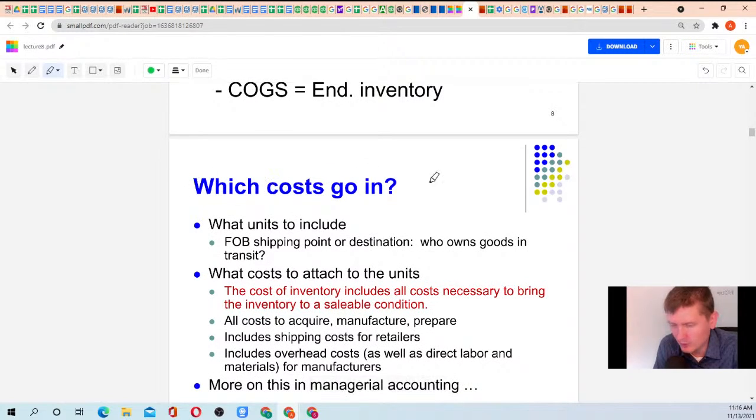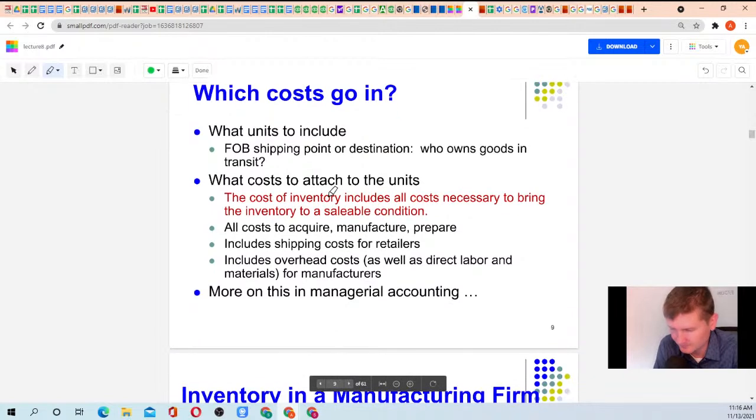Okay, what costs go into the value of the inventory? Inventory costs should include all costs necessary to bring the inventory to a saleable condition. We already saw that in the standard. All costs to acquire, manufacture, prepare.